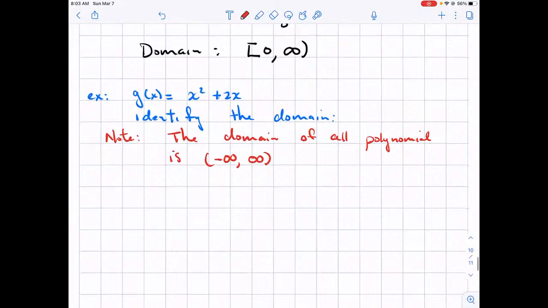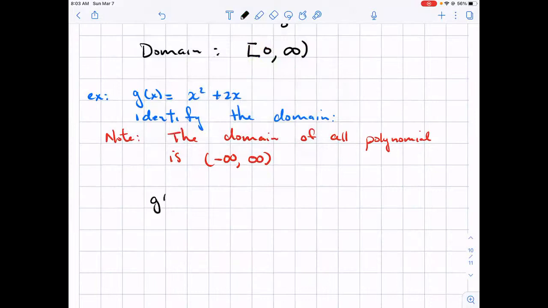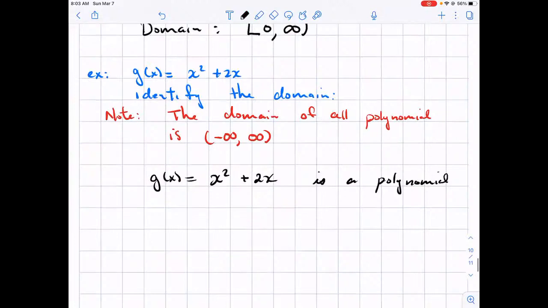And since g of x equals x squared plus 2x is a polynomial, therefore, the domain is minus infinity to infinity.